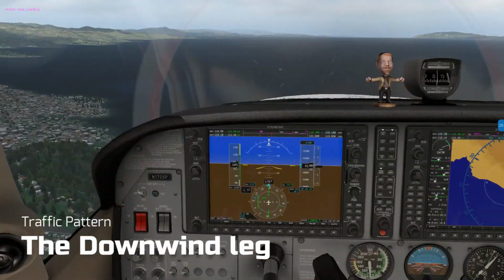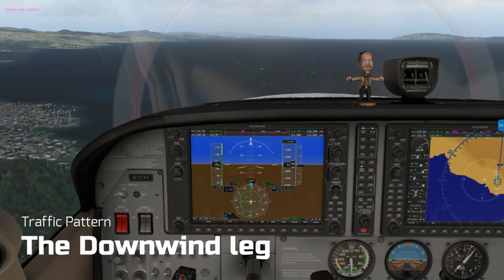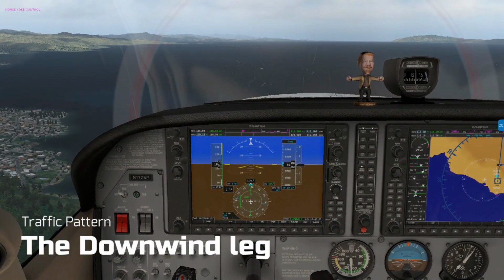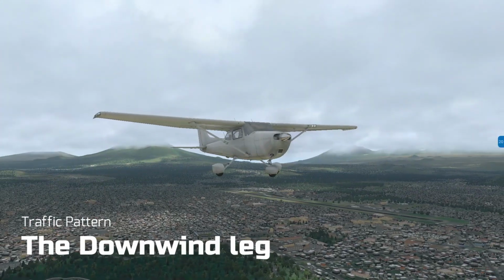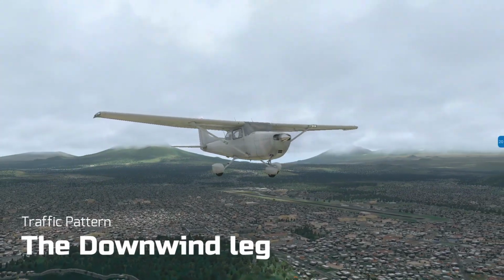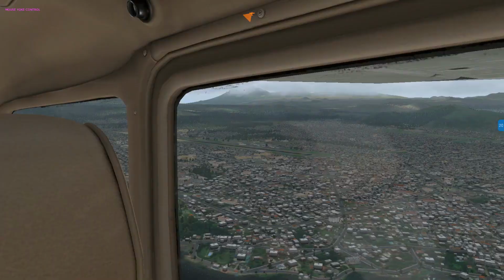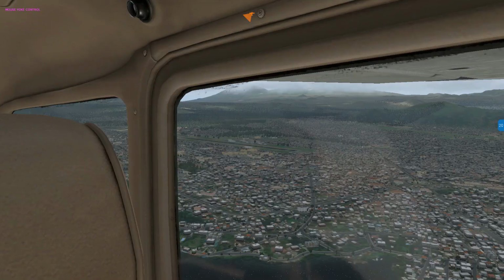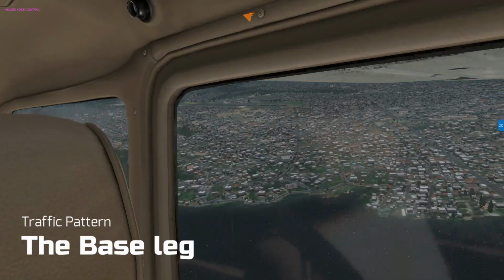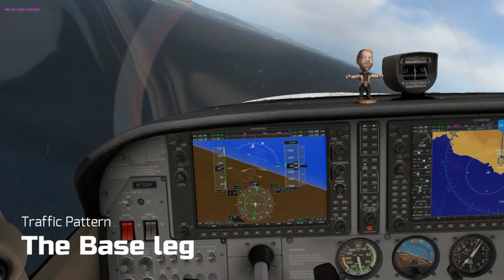Alright, once again we are abeam the runway threshold, now waiting for 45 degrees. Okay, 45 degrees, let's join the base leg and slow down and descend.